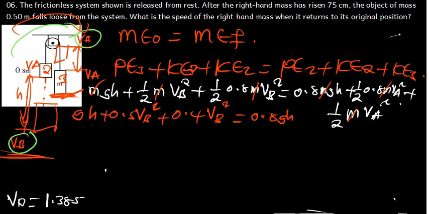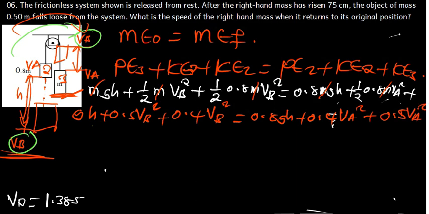0.8 gh plus, then there now I have also 0.5, which is 1 over 2 times 0.8. I have 0.4 va squared, plus we had 1 over 2 for 3, so m has gone, which is going to be 0.5 times va squared.